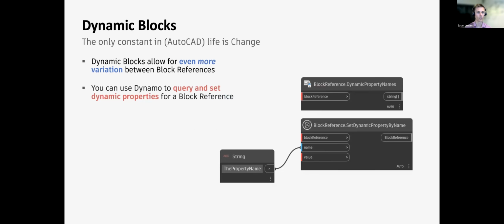Cool. Okay. And then we mentioned it earlier, another flavor of block is a dynamic block. You're all probably well aware of what dynamic blocks are and how cool they can be to have adjustable parameters to actually manipulate the geometry individually for different block references.